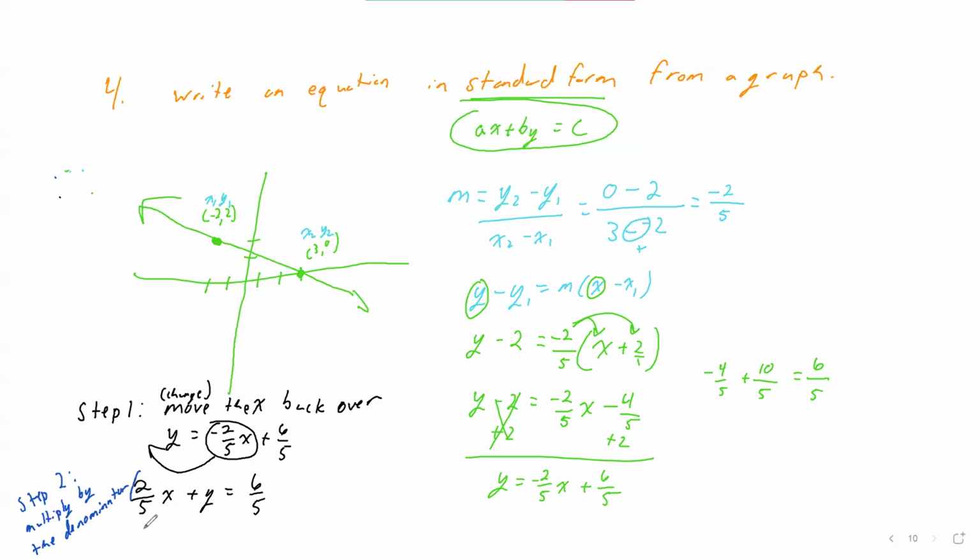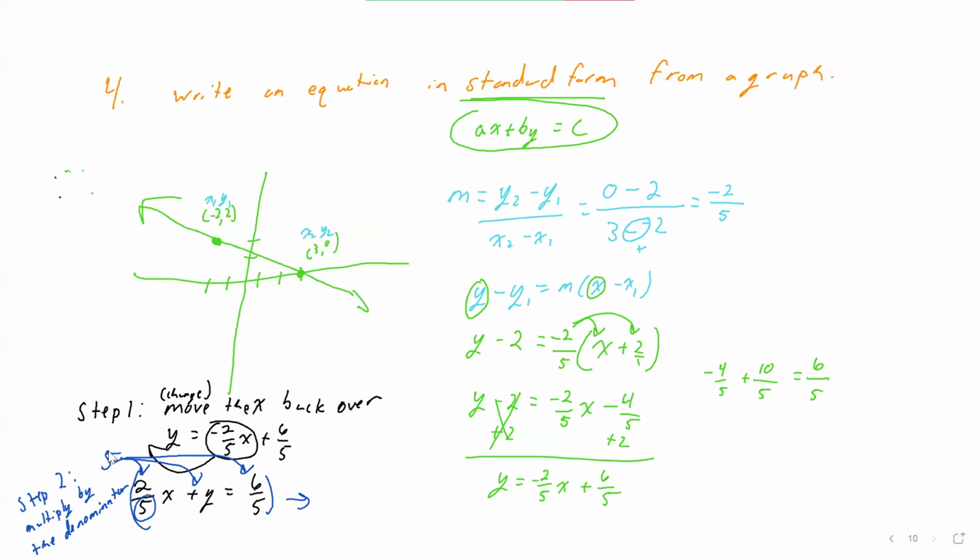So I'm going to take this entire thing and multiply by 5 because that's what the denominator is. So step 2, multiply by the denominator. Yeah, denominator would be the bottom number. So now you have to do all of them. You would multiply it by 5 as well. Yes, everything has to get it. Even though y doesn't have a fraction, it still gets multiplied.